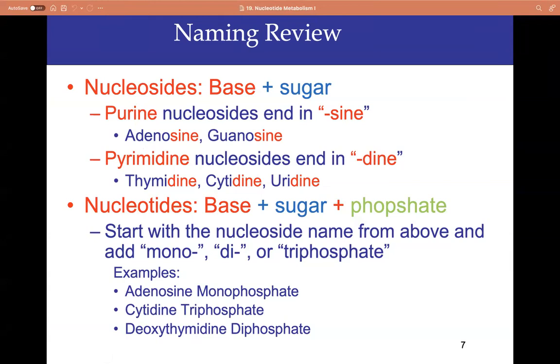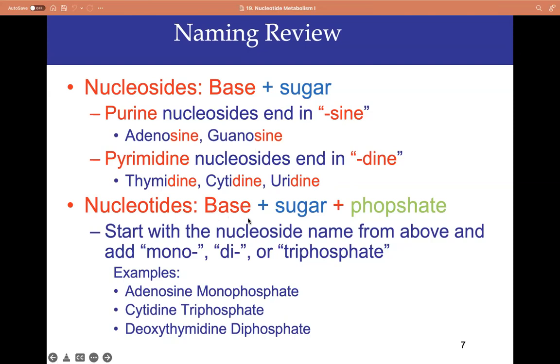It's only a base and a sugar. So there's adenine plus a sugar giving you adenosine. In this case, guanine plus a sugar giving you guanosine. Now, pyrimidine nucleosides end in -dine. So thymidine, cytidine, uridine. So uridine, for example, the name tells you that there's a uracil plus a sugar producing uridine.